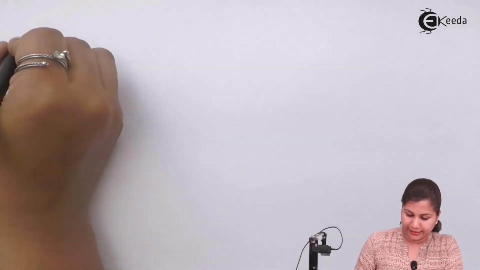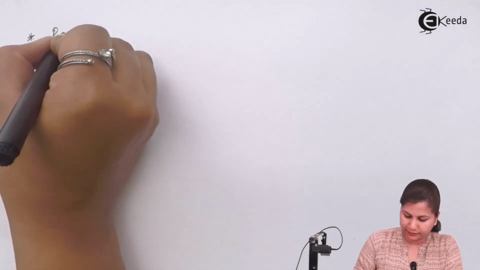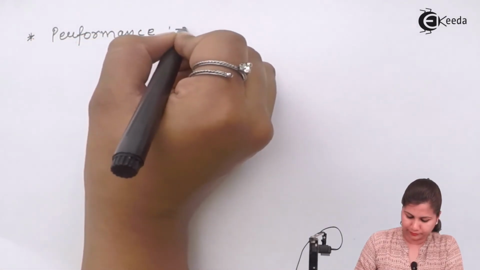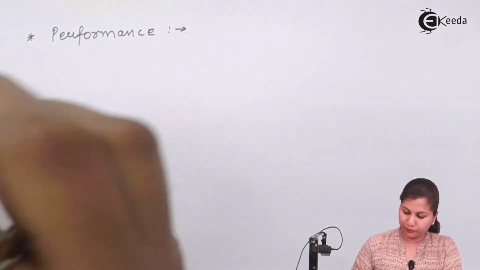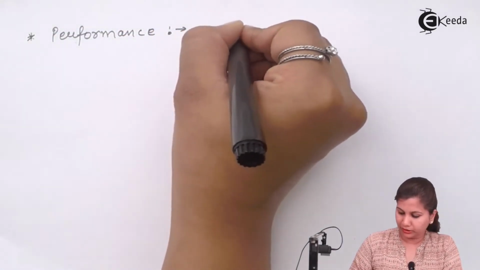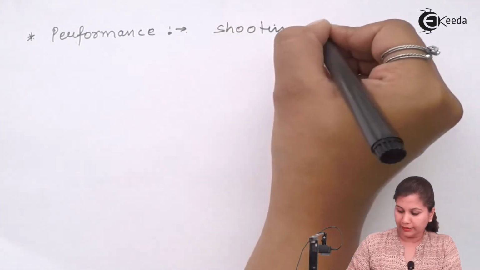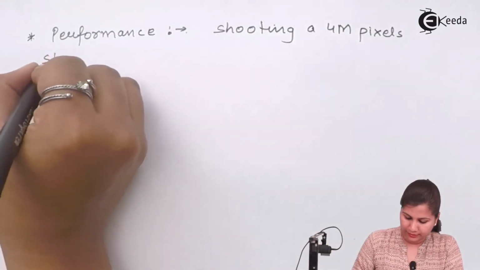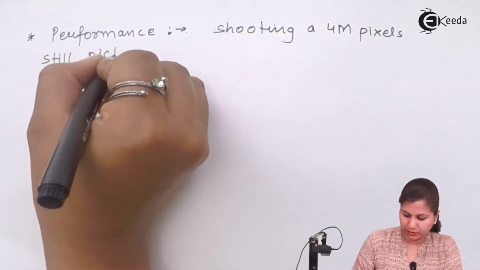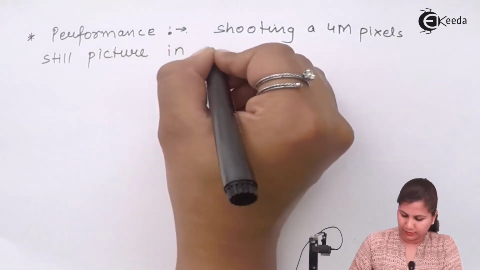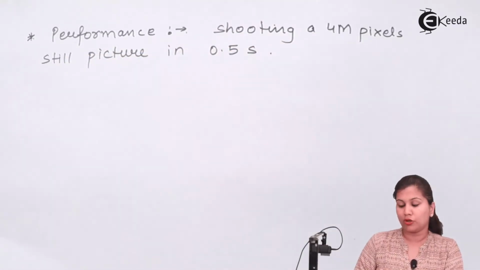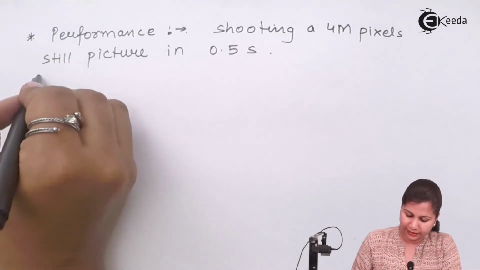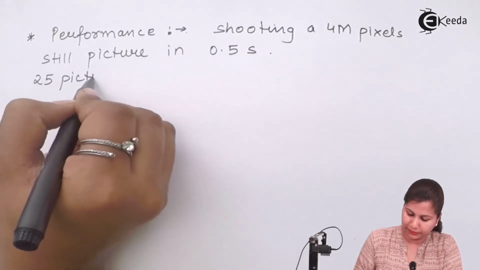Now the next design metric is its performance. It is assumed that if the digital camera is shooting at 4 megapixels, a still picture in 0.5 seconds, then it can take 25 pictures per minute.